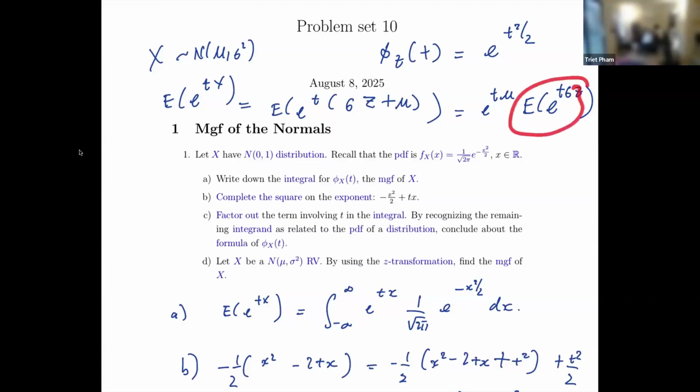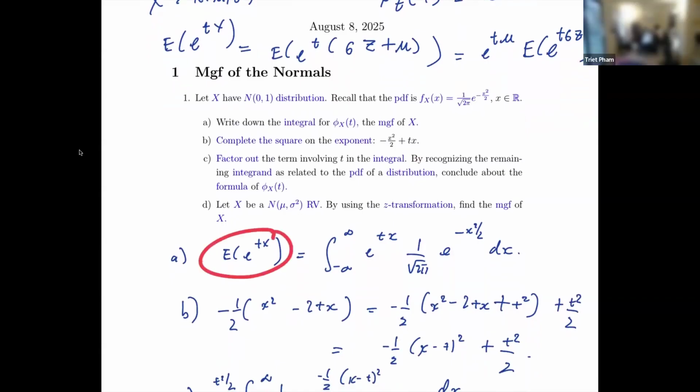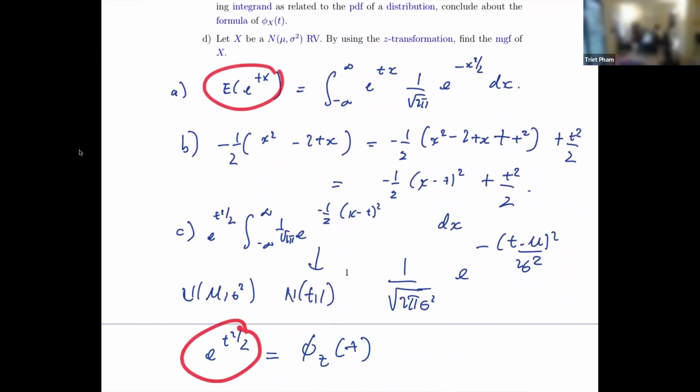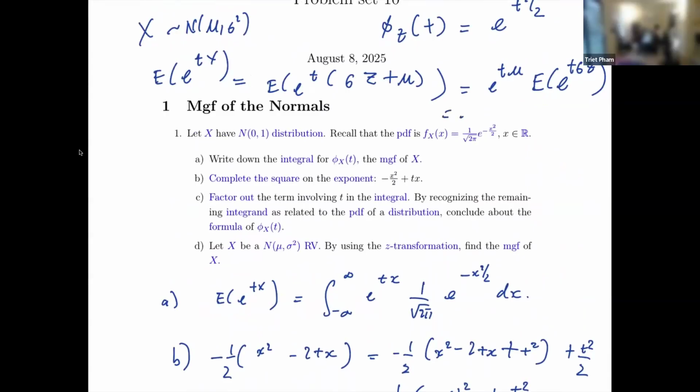Notice, I use e to tx here, but it's really e to tz, where z is standard normal. So e to tz will give you e to t squared over 2. So here, this is like the moment generating function of a standard normal, but evaluated at t times sigma.